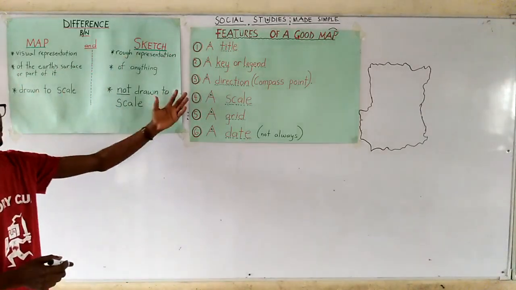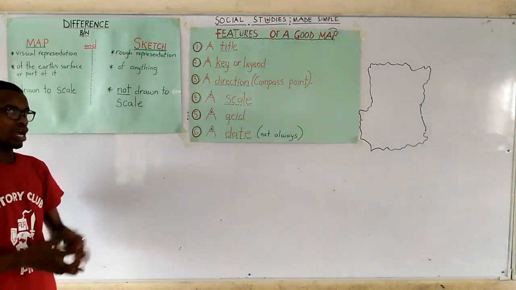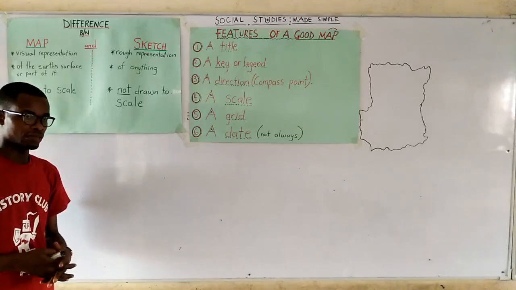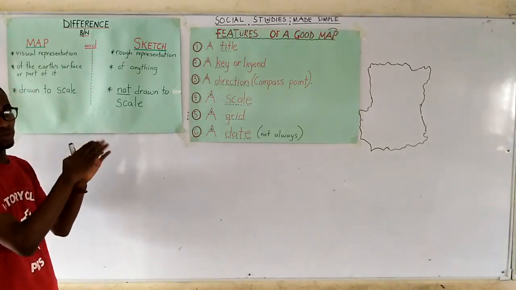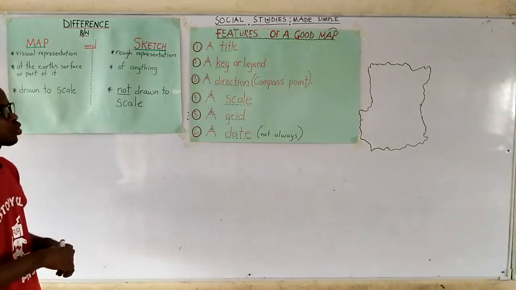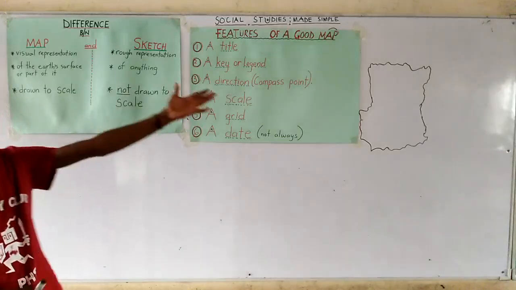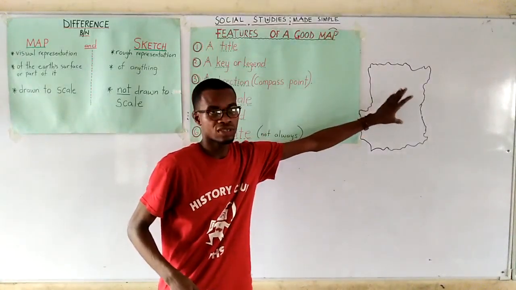A sketch could be anything. You can have a sketch of your house, a sketch of someone, but here we are focusing on what we draw to show location. So we say a sketch of a map or something. But like what I've done here, this is a rough representation. So this is a sketch.